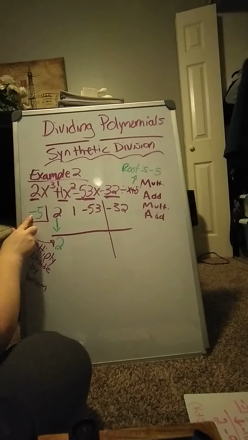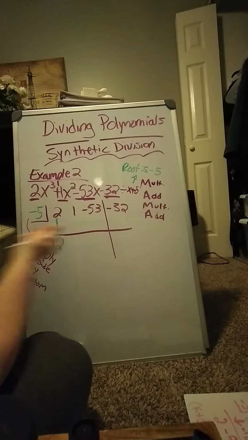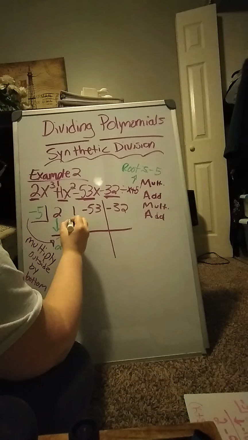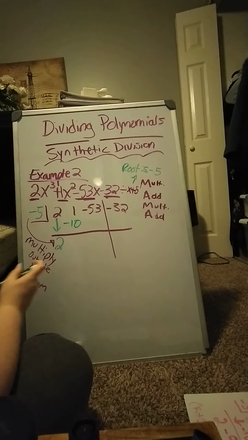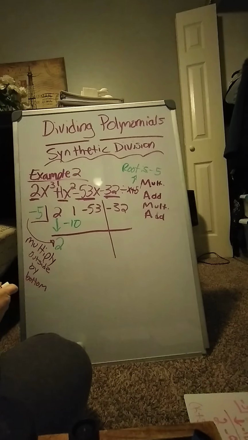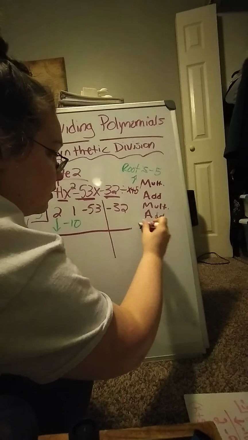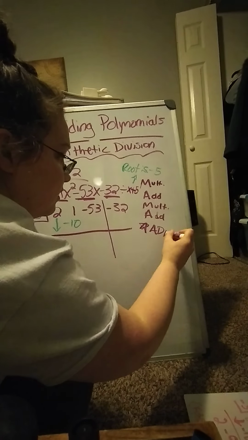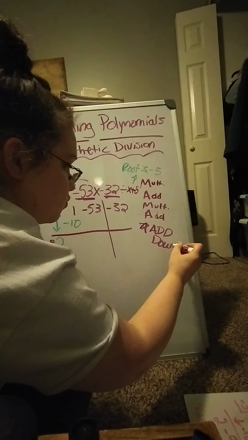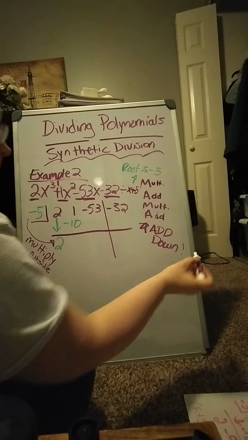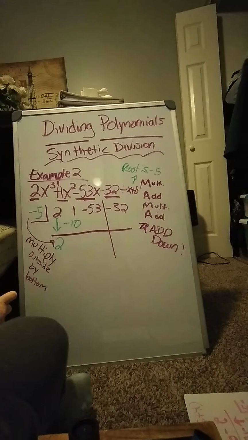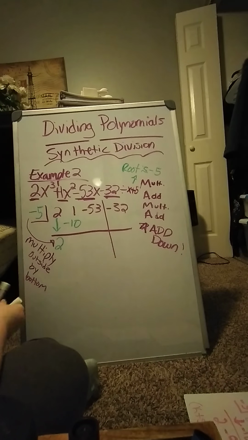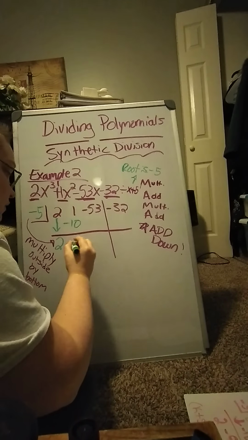So, -5 times 2 is -10. Then I add down. I'm going to put a little star. Add down. Okay? So, I do 1 plus -10. 1 plus -10 is -9.